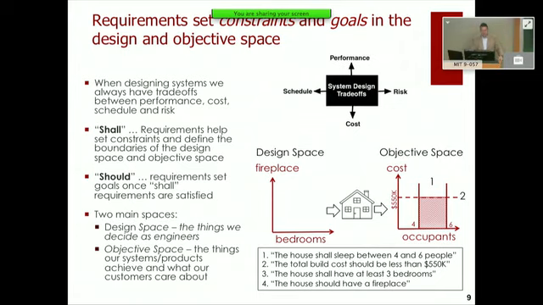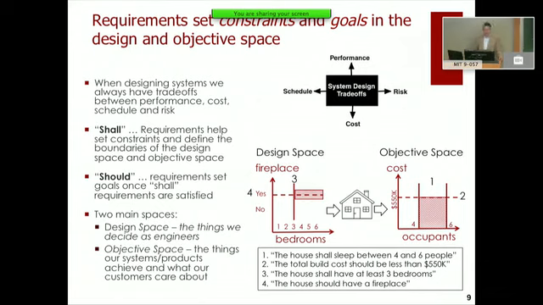Then the third one: the house shall have at least 3 bedrooms. Is that in the design space or objective space? Design space, right? Because defining a bedroom is a design decision. And then the house should have a fireplace. So you can show the lower bound here, at least 3 bedrooms, and the fireplace would be nice to have, but you don't absolutely have to have it.